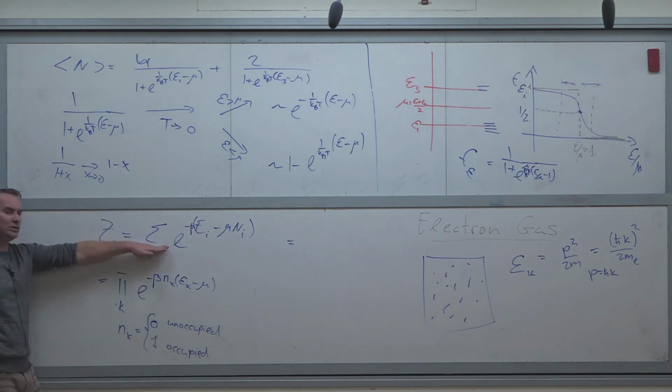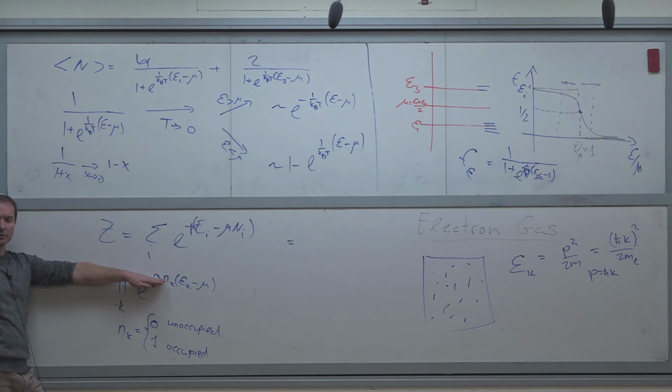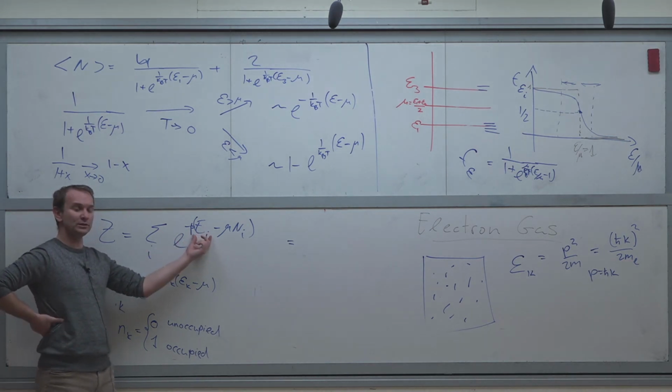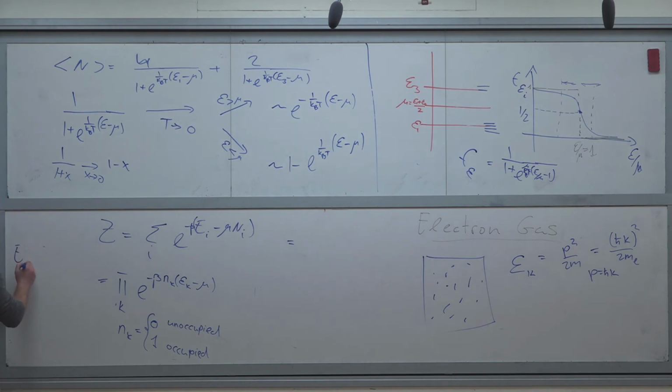The transition from this line to that line is similar to the transition that we did in our last lecture. So what exactly have we done? We said, what is this energy? The total energy in a given state i is a sum over k of n_k epsilon_k. If a state is occupied, it contributes to the total energy. If the state is unoccupied, it is not contributing. What is the number of particles for a given state?